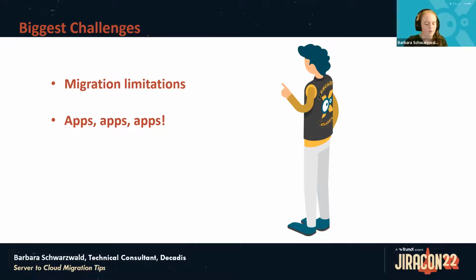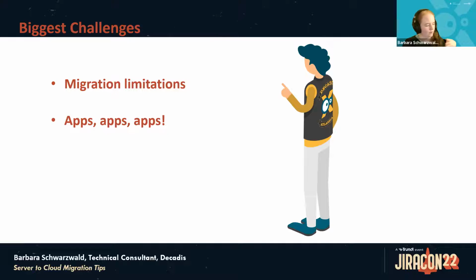Since a little bit more than a year, the Jira Cloud Migration Assistant includes a way to migrate app data or app configuration automatically, but depending on the app, this might not be implemented yet. Or if the app simply does not exist in the cloud, then you can't migrate it.